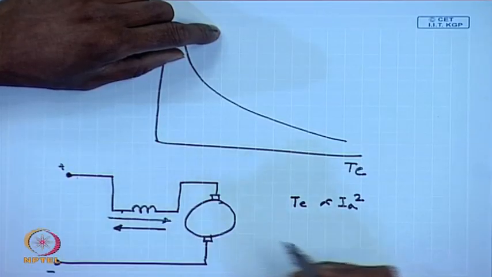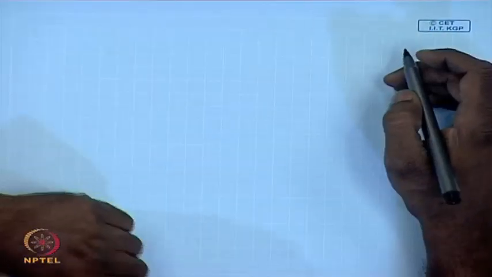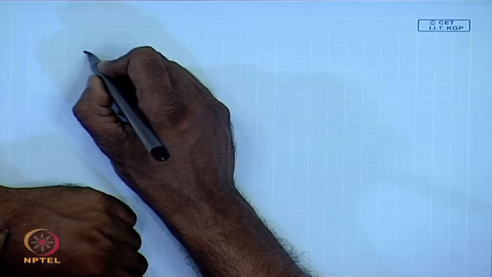In most cases for a DC series machine, if one wants to generate negative torque, then normally it is necessary to reverse the field winding also.